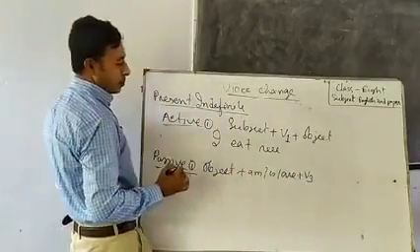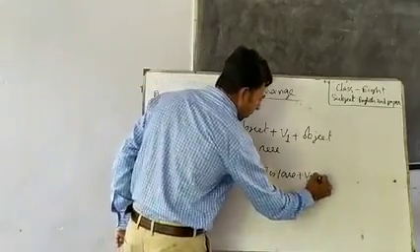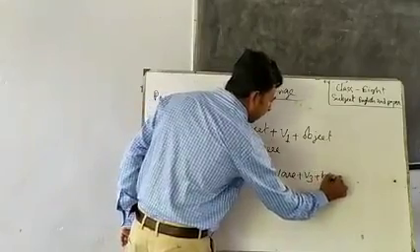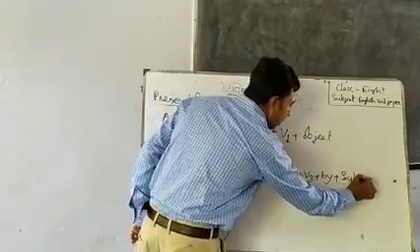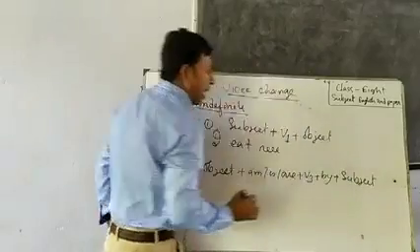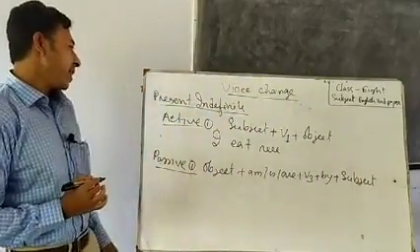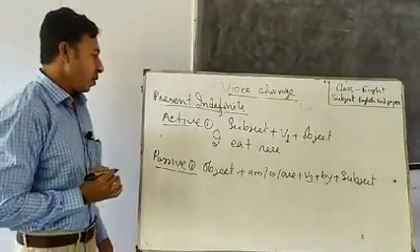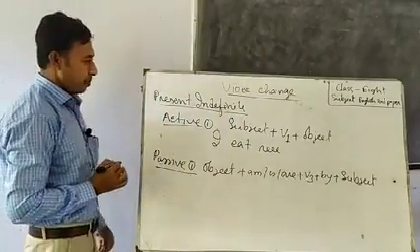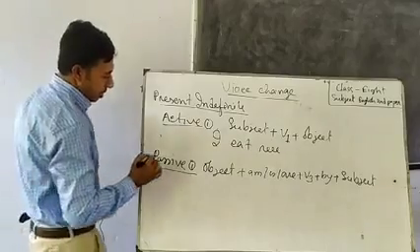Verb 3 means past participle form of verb, plus by plus subject. I think if you learn my structure, it will be very easy to change active into passive and passive into active.